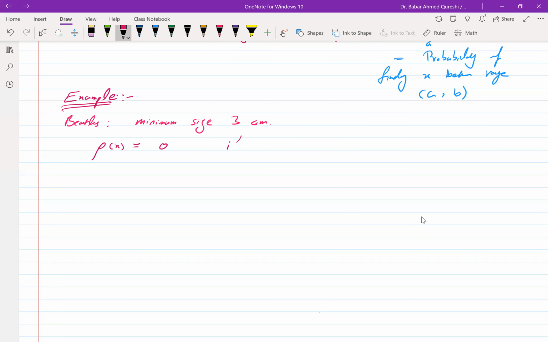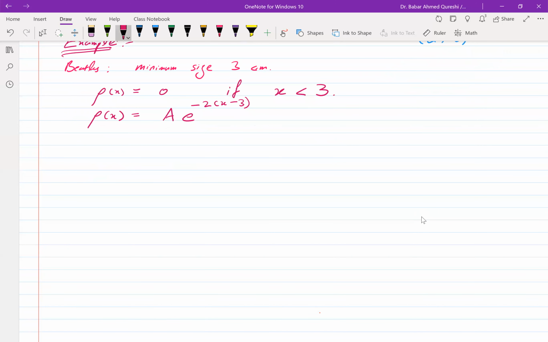It is 0 if x is less than 3 in the box, because no beetle of size less than 3 was put in the box, so you have 0 chance of finding any beetle of size less than 3. And above size 3, it is given by a decreasing exponential.